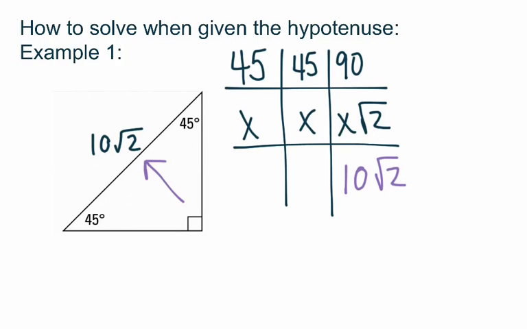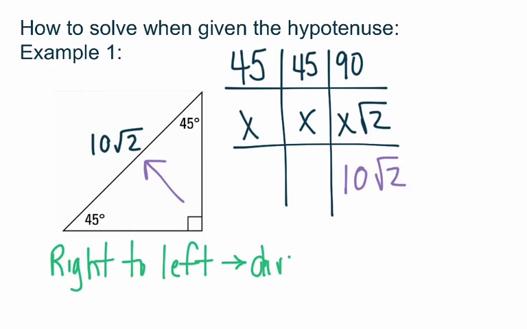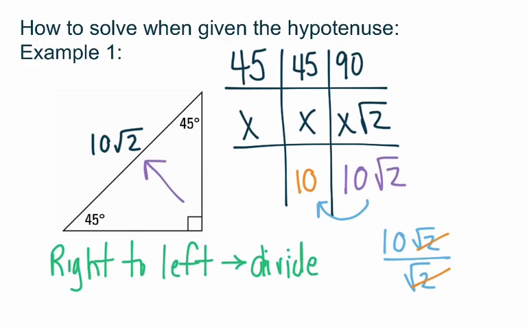So if we are going from right to left, we have to divide. So we're going to have 10 square root of 2 divided by square root of 2. The square roots cancel out and we're left with 10.